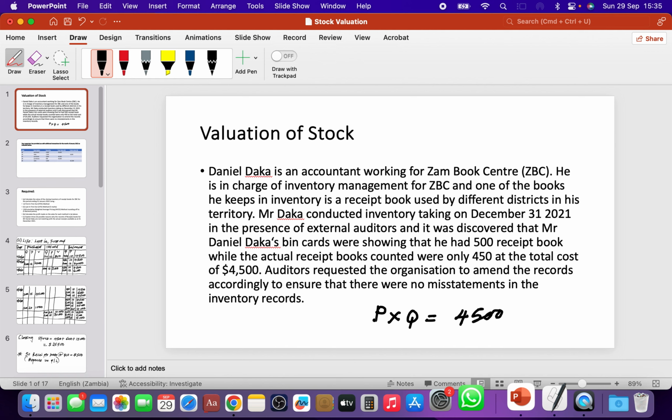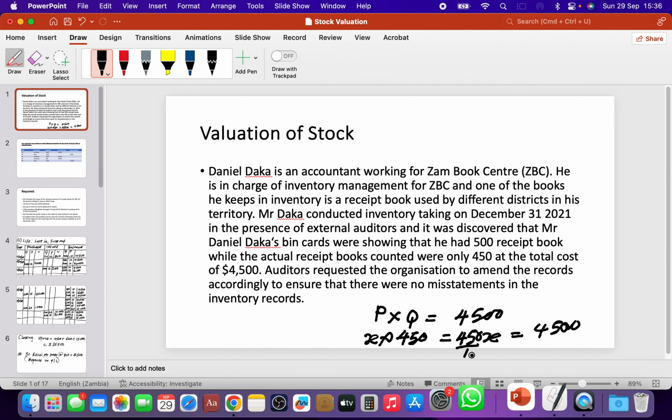Our price we don't know, it is x, but our quantity we know is 450. So we have 450 times x is equal to 4,500.